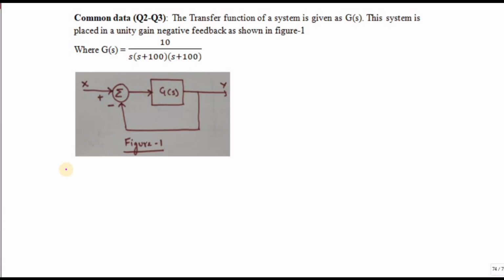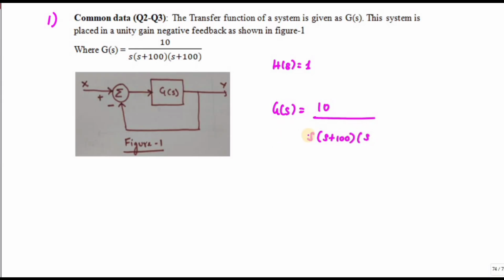That's your answer. So the next question: the transfer function of the given system is G of S, and it is a unity feedback system, and G of S is given as 10 divided by S into S plus 100 the whole square, right? Since H of S is equal to 1 because of the unity feedback system, I can write the question like this.